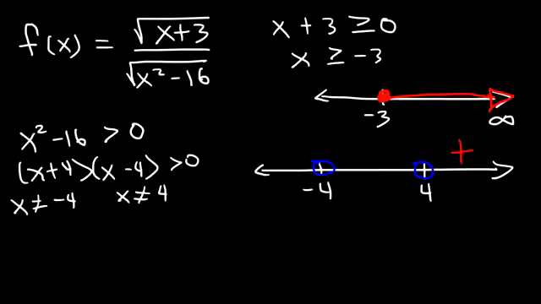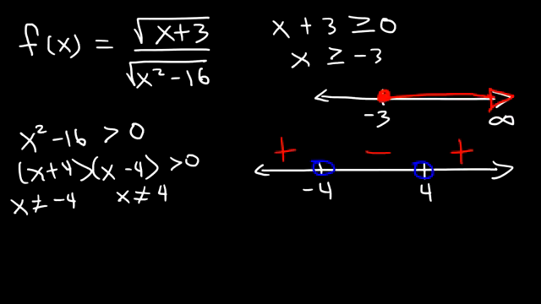If we plug in 0, 0 plus 4 is positive, 0 minus 4 is negative. So positive times a negative number is a negative number. And if we plug in negative 5 to check that region, negative 5 plus 4 is negative, negative 5 minus 4 is still negative. Two negative numbers will multiply and give you a positive result.